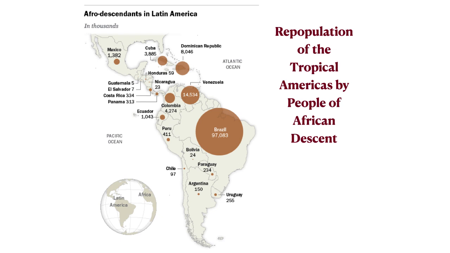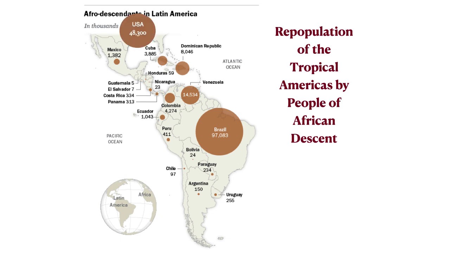There's an area from northeast Brazil through the coastal region of northern South America, much of the coastal region of Central America, throughout the Caribbean, where a majority of the population has substantial, if not almost complete, African ancestry. Much less in places like Chile and Argentina, Peru, but certainly still there. So there's a certain amount of repopulation. Now, this map does not show the United States, so I do want to add that.